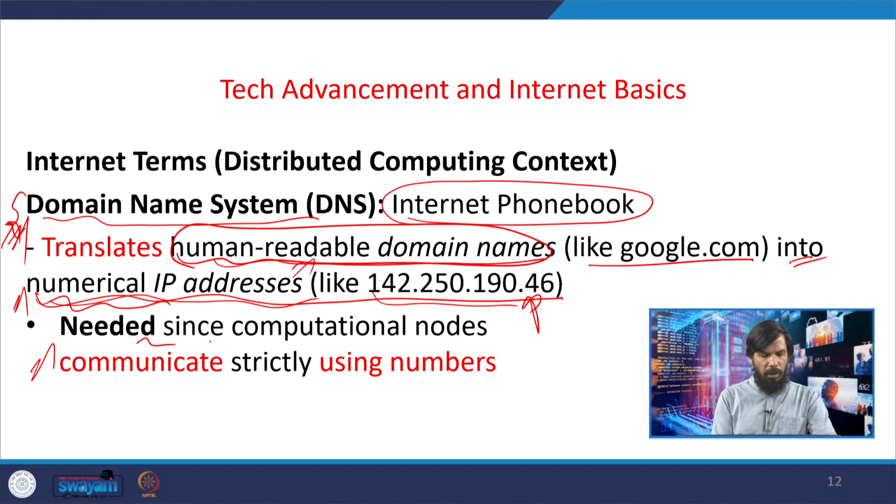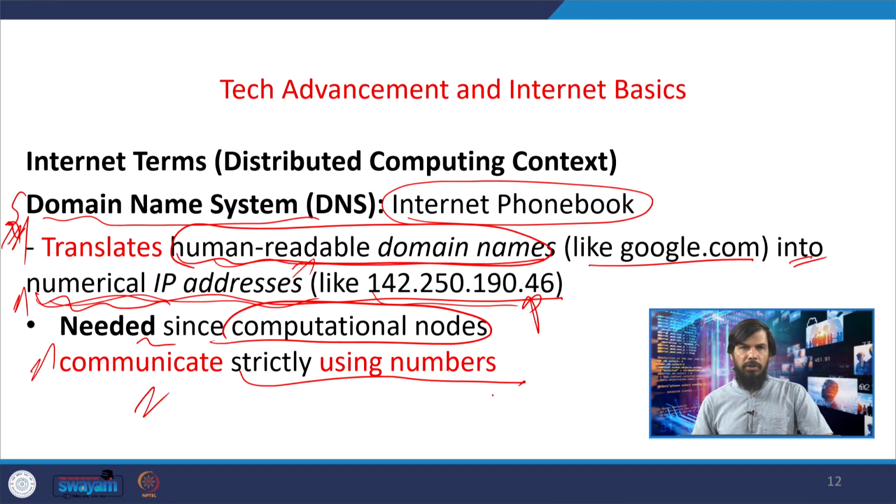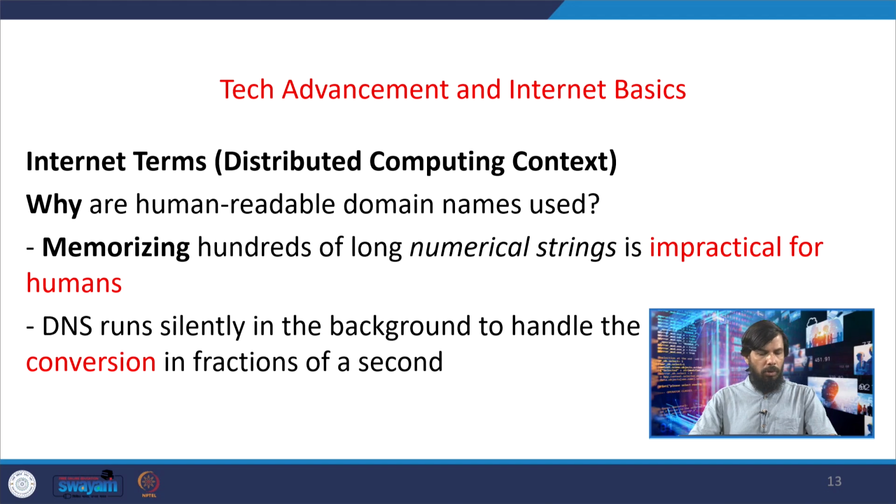So why is this needed? As I said, computational nodes communicate strictly using numbers, and it is for the humans to type the domain names in natural language format in the URL bar of the browser or the client software, but then the translation is needed, which is done by the domain name system, translating to a numerical format. So why are human readable domain names used?